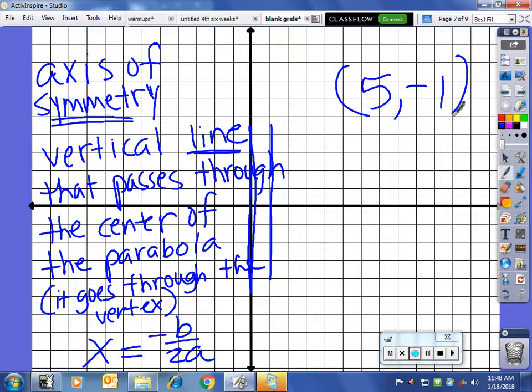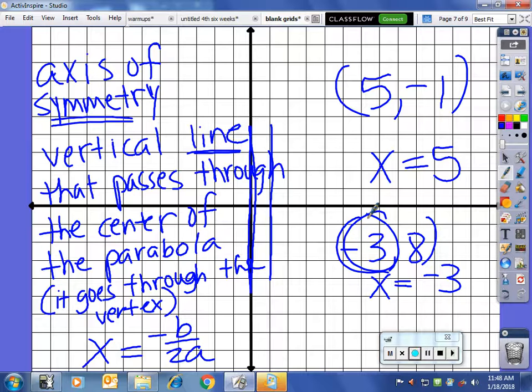Not negative 1. X equals 5. If I told you I'm thinking of a parabola and it's got a vertex at negative 3, positive 8, what's the axis of symmetry? X equals negative 3. Do you see what I'm talking about? Once you know what the x value of the vertex is, then that's the vertical line that goes through the middle of the graph as well.